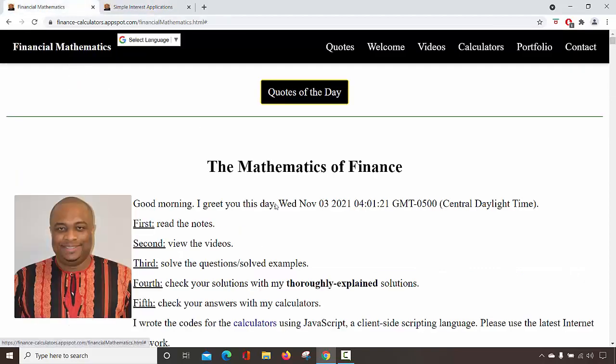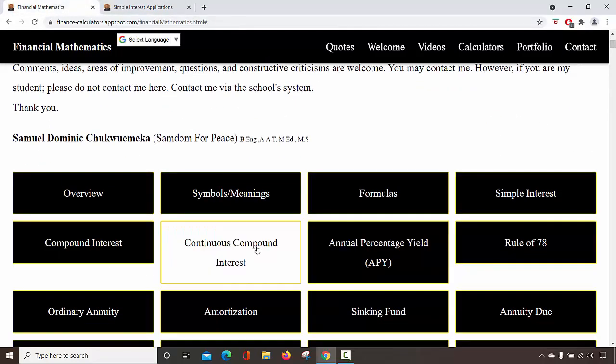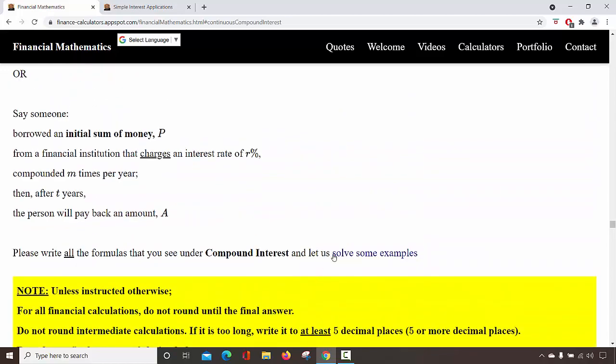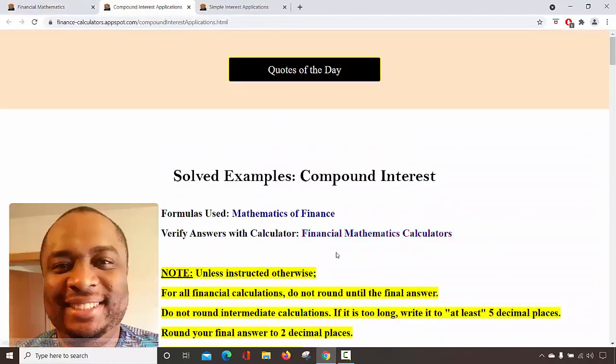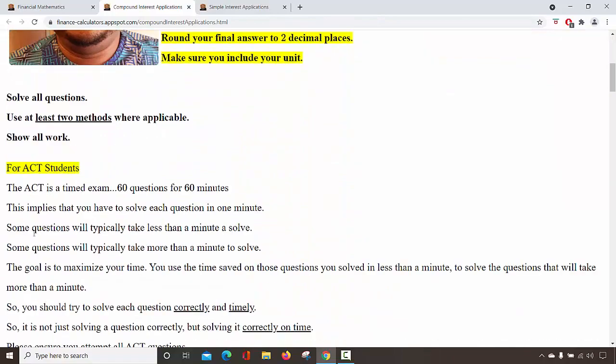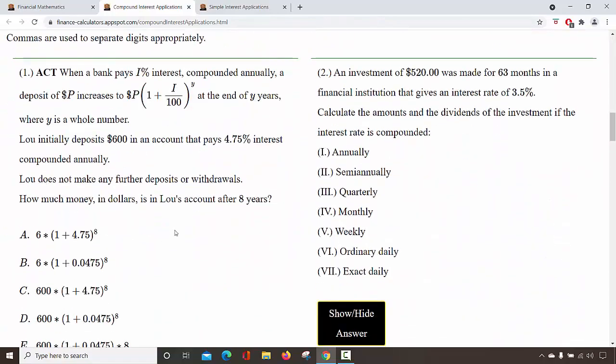Let's do compound interest. Let's do question 1, an ACT problem. Some of these questions are from exams. When a bank pays I% interest compounded annually, a deposit of P dollars increases to this amount at the end of Y years, where Y is a whole number.